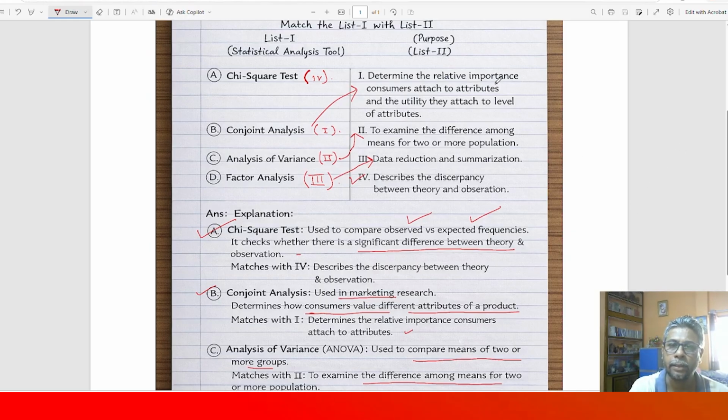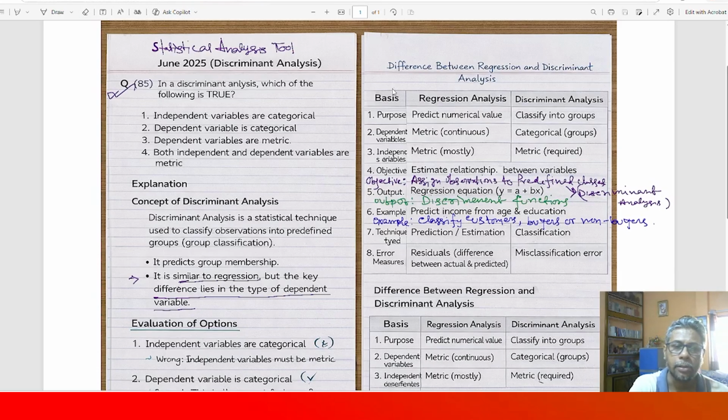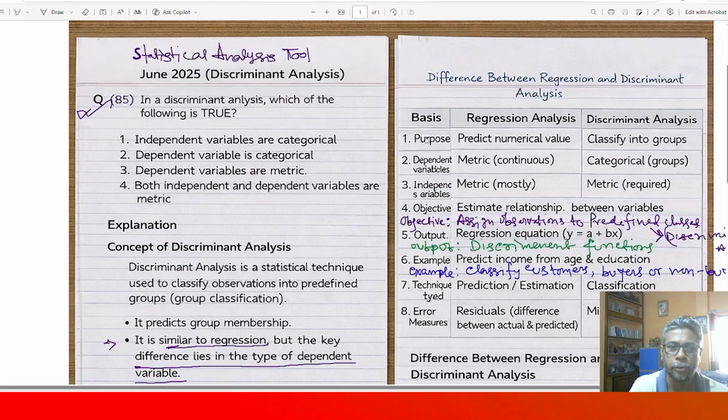Now we move on to the next question, which is based on discriminant analysis. Which of the following is true in the case of discriminant analysis?